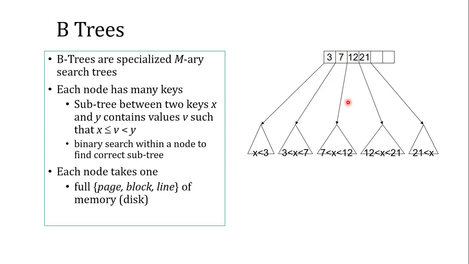In the same way, this node comes from between 7 and 12, so the values will be greater than 7 and less than 12, and so on. After 21 there is a right-hand side, so these values are always greater than 21.